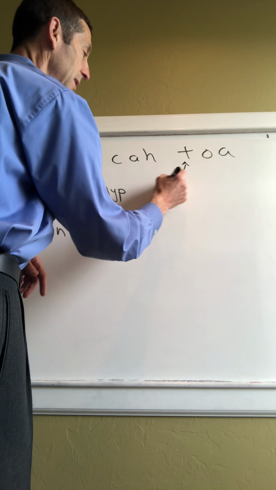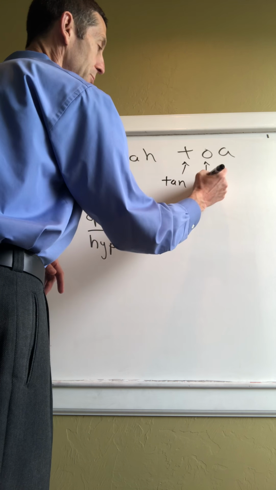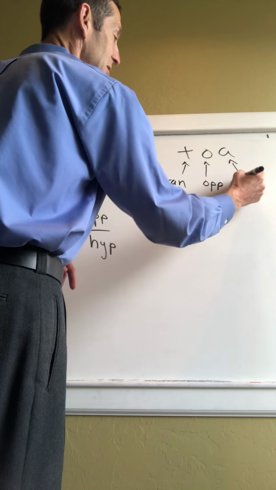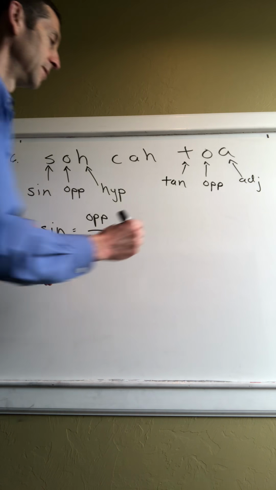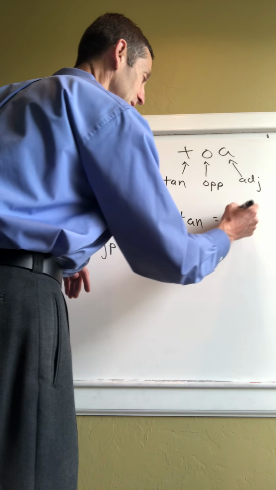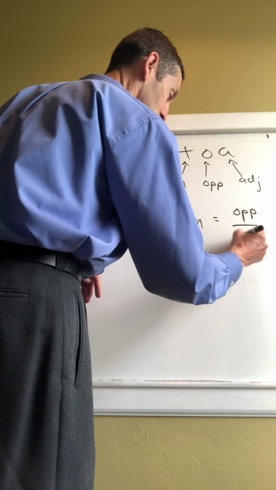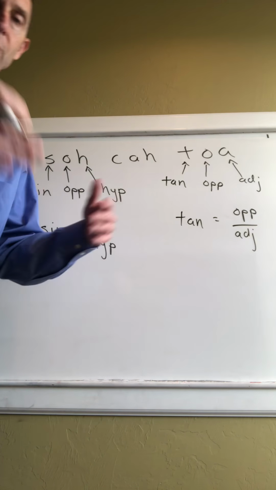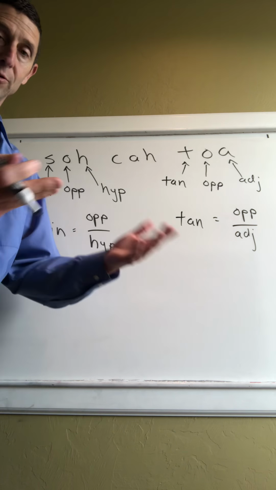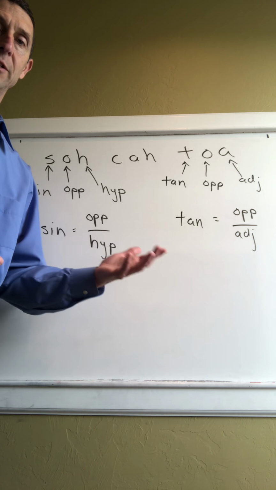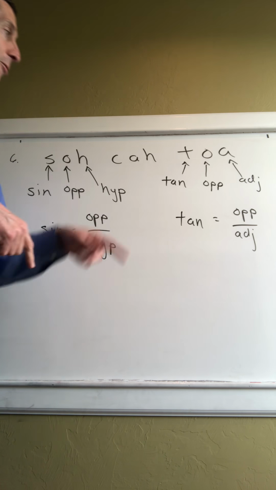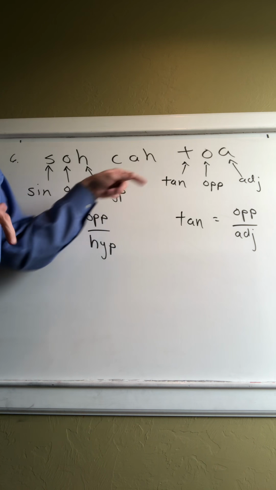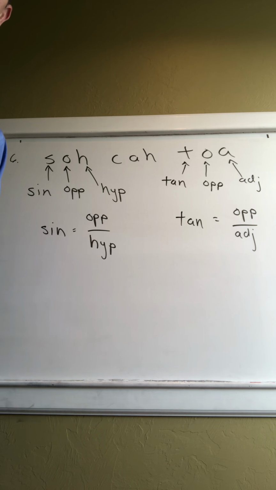So you can put all three of these trig ratios in your memory a little quicker with this. Like tangent is equal to opposite over adjacent. So whenever you're sitting in math class next year and somebody says SOHCAHTOA and you're like, what did that kid just say? Now you know. Cosine, adjacent over hypotenuse. So it's just a way to help you memorize things.